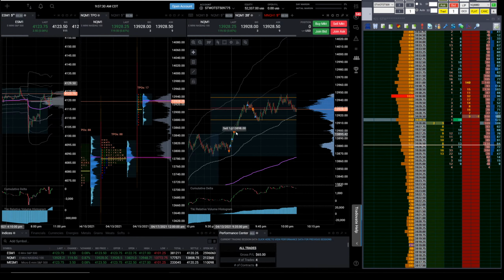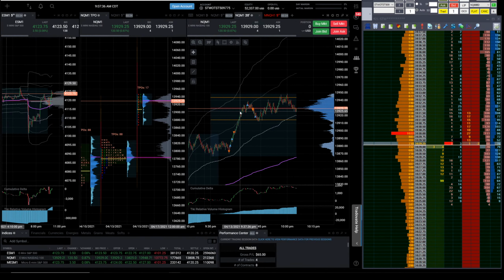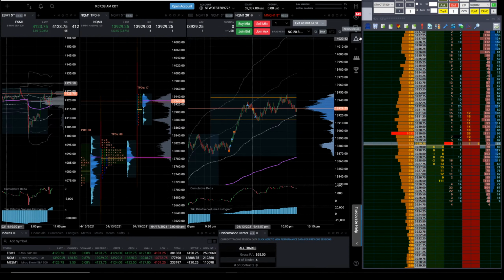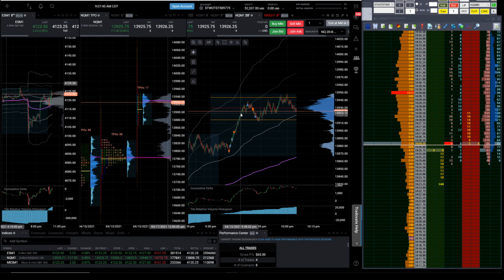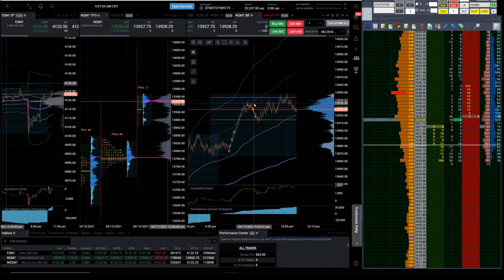It could have continued, of course, all the way up to the target, which in this case is 20 points. So we could have gone up here quite easily. And then another look at the continuation past that all-time high, and it topped out.